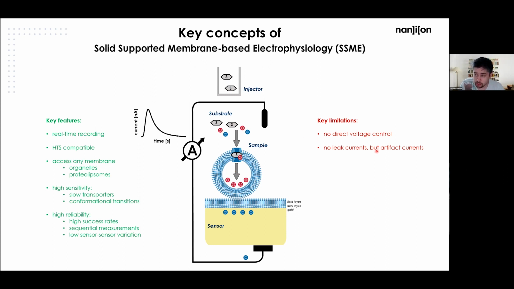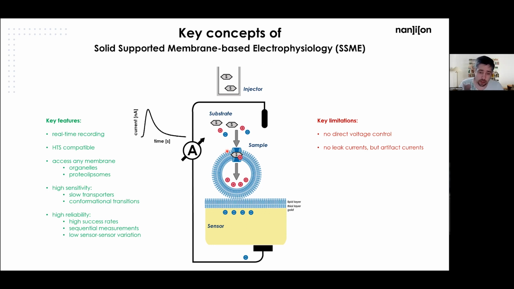And then as an advantage, there are no leak currents, essentially. But on the other hand, instead of leak currents, you will observe artifact currents coming from ion membrane interactions. So if you perform a sodium concentration jump or potassium concentration jump, these will interact with the lipid head groups that are partly negatively charged.